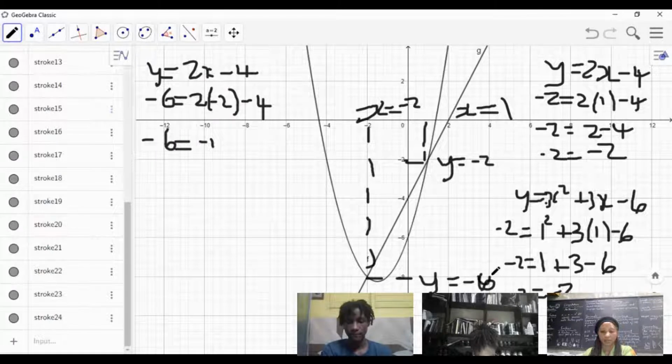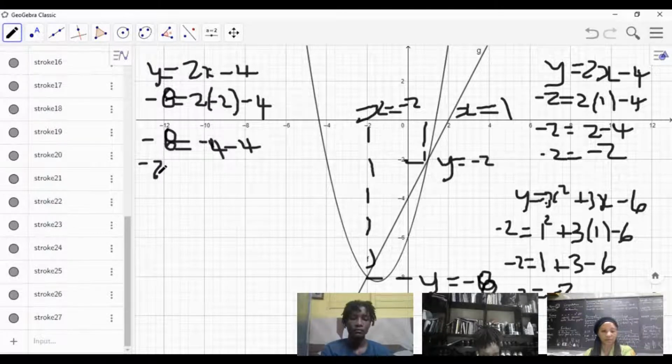So we should have -8 here. So 2 times -2 is -4, minus 4 is -8. All right, so the linear checks out.